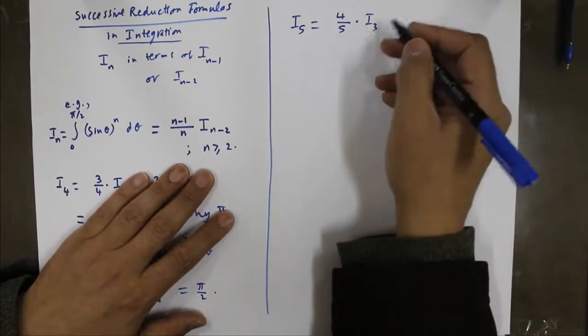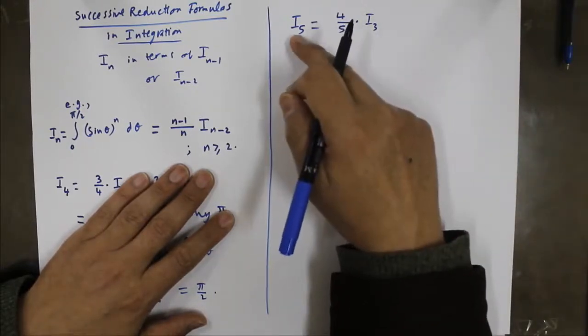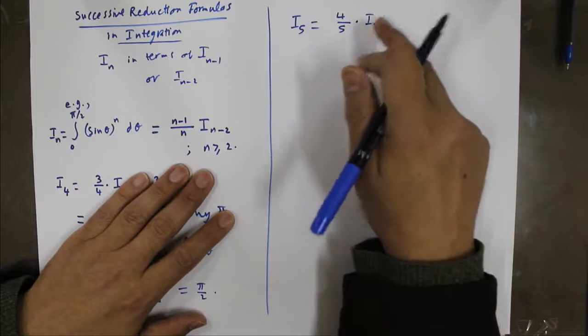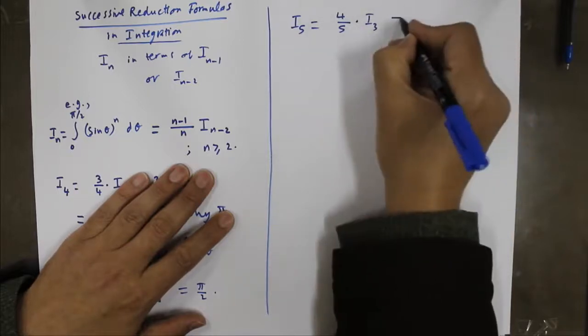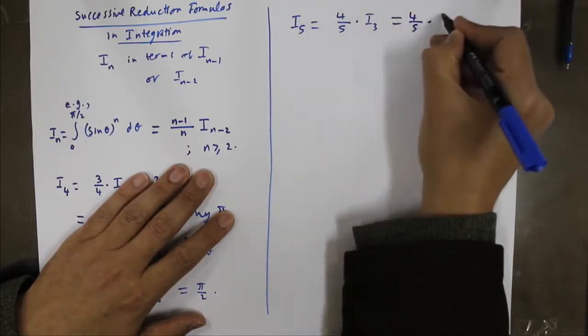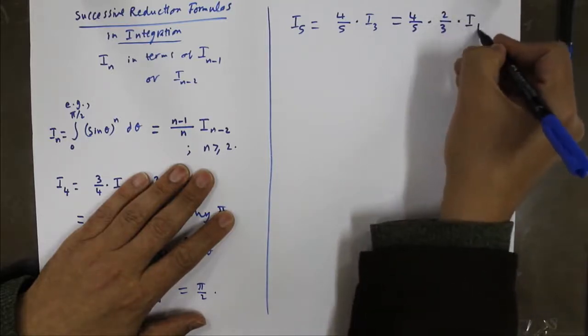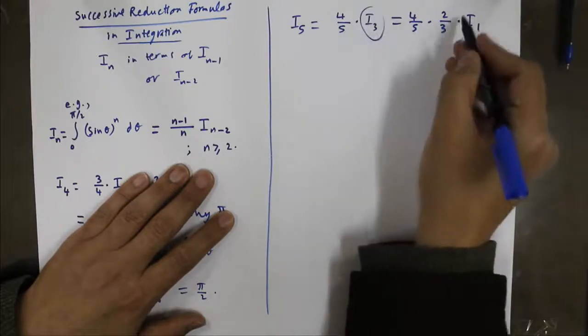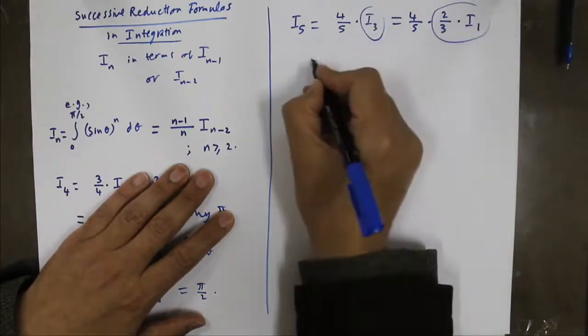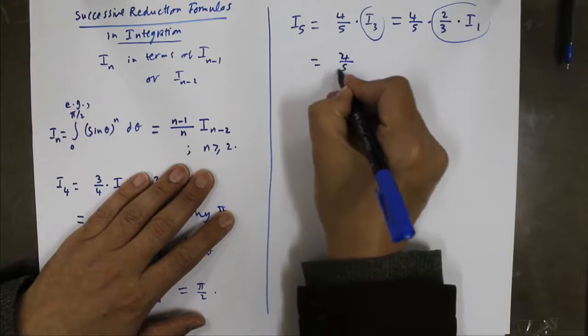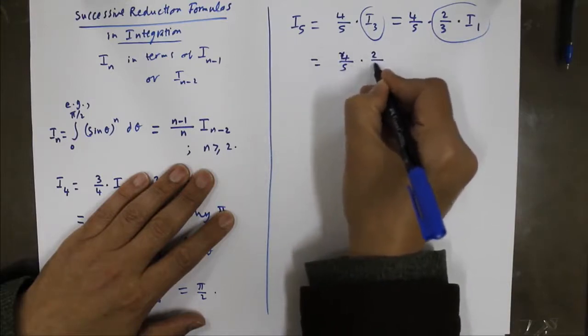We express I_5 in terms of I_3, and then for I_3 we use the same formula again to get 4 over 5 times 2 over 3 times I_1. Therefore, 4 over 5 times 2 over 3.